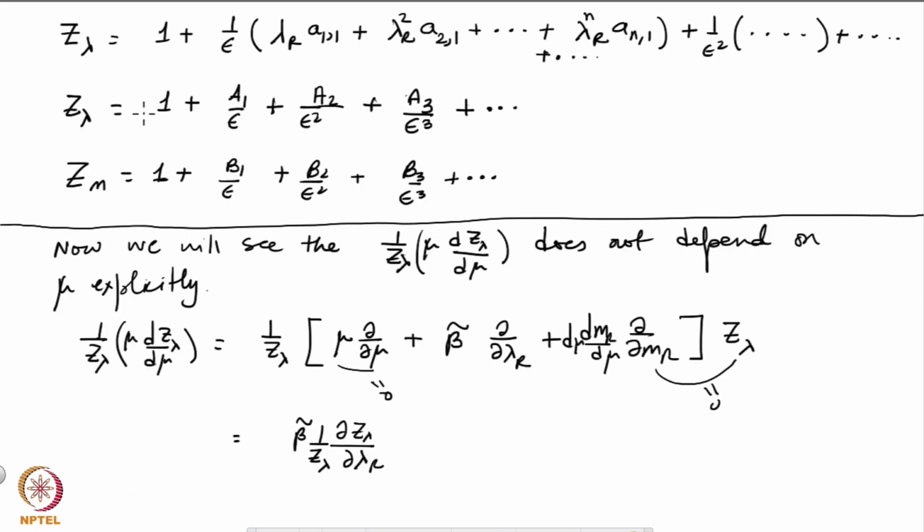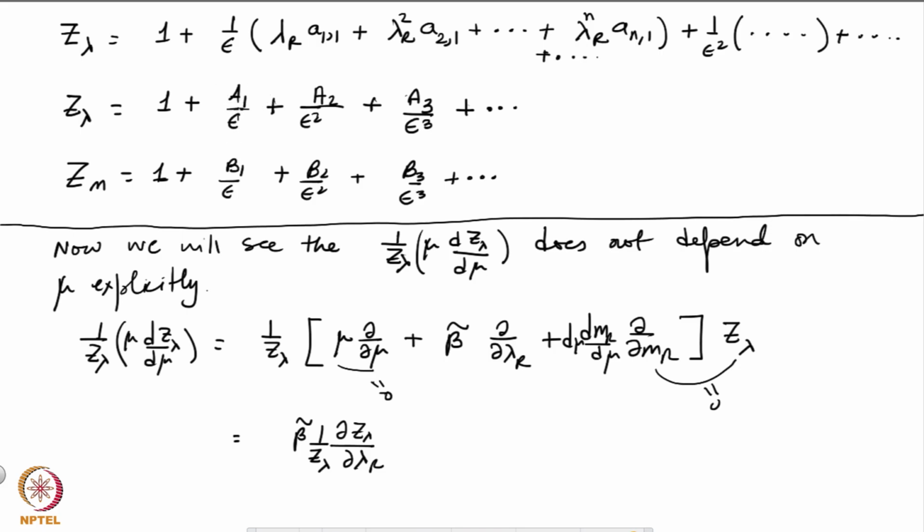So this Z lambda, which is the renormalization constant for the coupling constant, here I have written not as an expansion in lambda r, but rather I have collected terms according to the order of poles. So A1 has all the terms which give you a single pole.